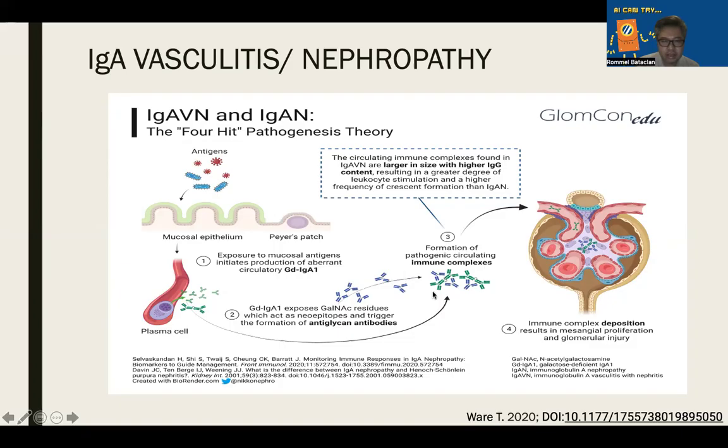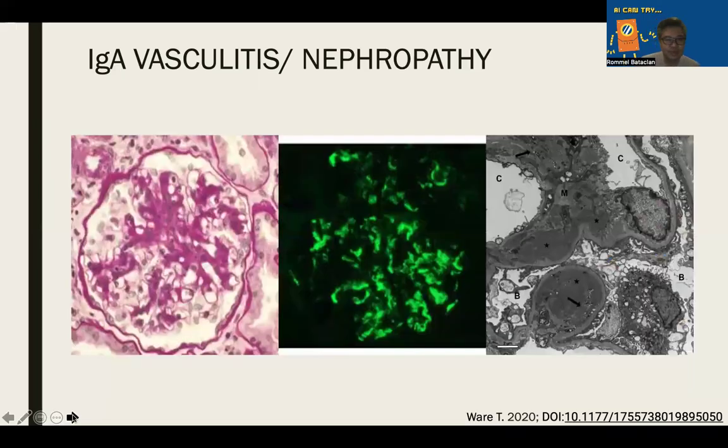These antibodies also bind with the antigens, as you can see here. They form immune complexes, which are larger in size with higher immunoglobulin G content. Now, these immune complexes can deposit in the glomerulus, primarily in the mesangium, causing proliferation and glomerular injury.